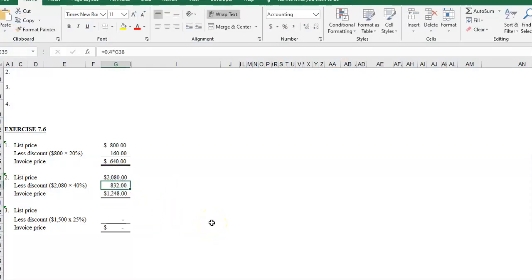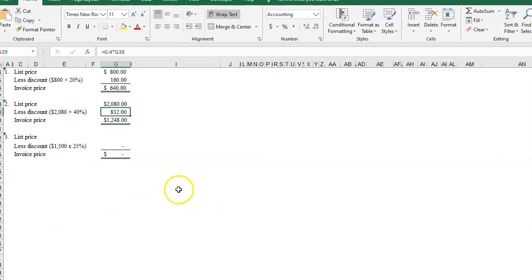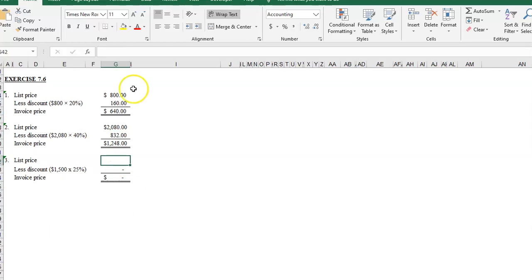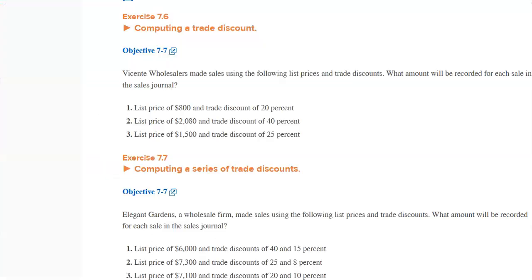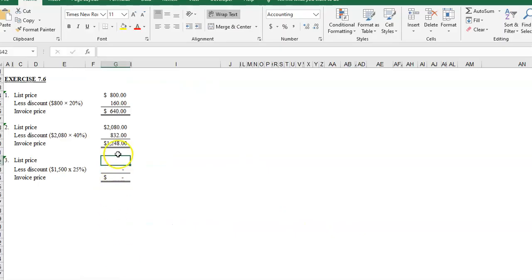It falls into place for me because I didn't take off the formulas, so it should just fall into place for you too. So we can move on to the last one, 1,500.